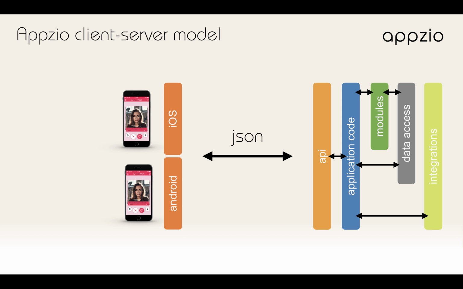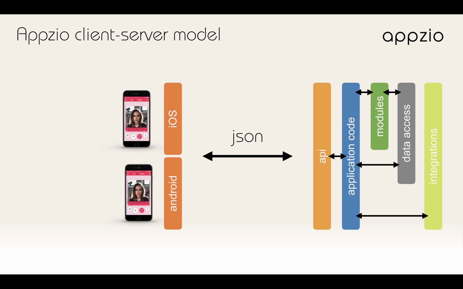With Appzio, this is somewhat simplified, as it is truly server-side development. You build everything on the server side using PHP, and we send it to the client, and the client interprets it as instructions. So the JSON that we send is read by the client, and using native components, all the views and all the functionality is implemented.